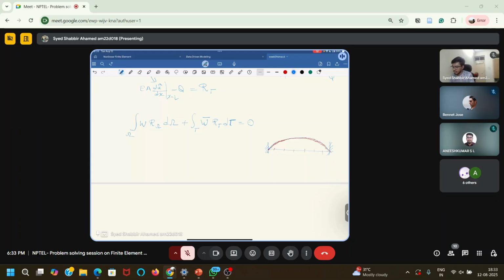You can read more about minimization of residuals or weighted residuals. If you are already familiar with least squares approximation, that is a similar thing. Instead of W, you take R omega, so R omega squared, and then it becomes a least squares problem.